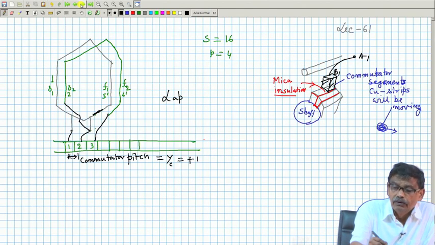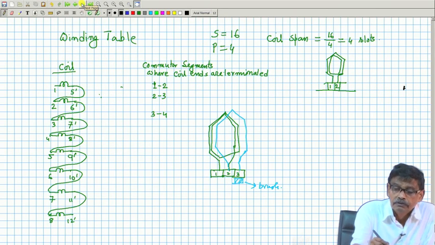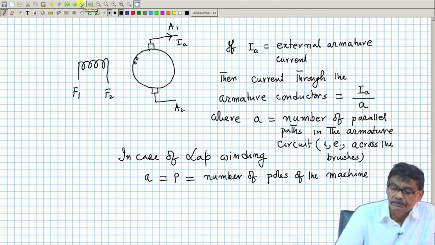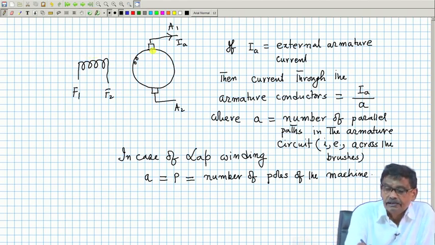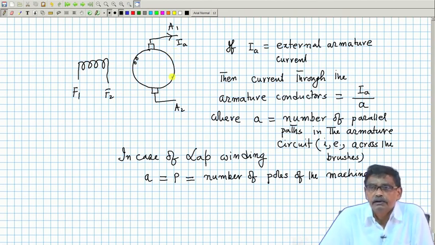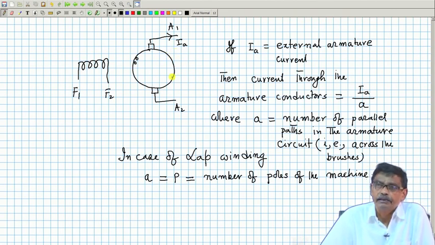Now, today I will do one very important thing. Suppose I have a DC machine with a field winding and armature winding. I will run the DC machine by a prime mover at a certain RPM or RPS.